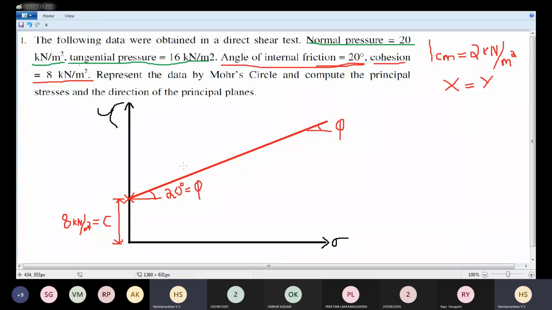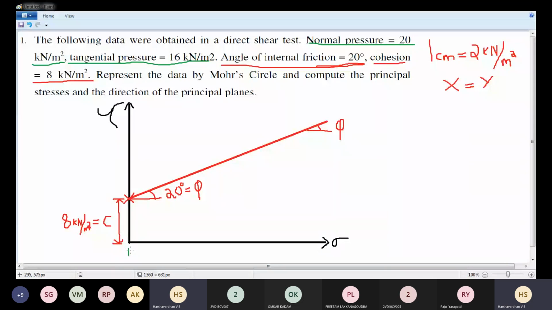Now, normal pressure is 20. So I'll mark that point here. Normal pressure is on the x-axis.